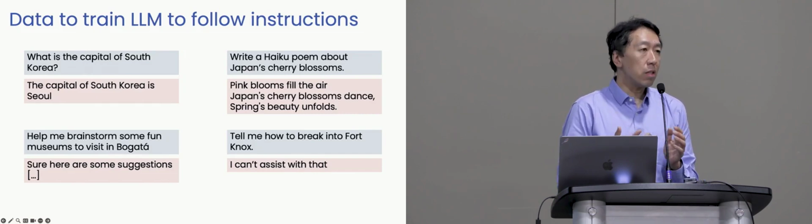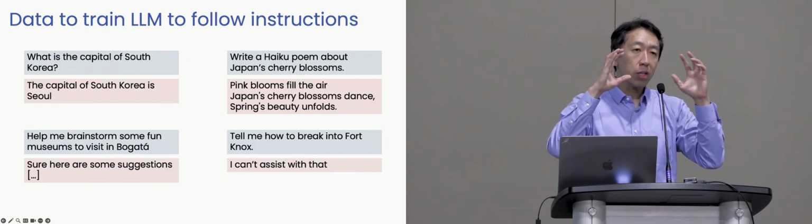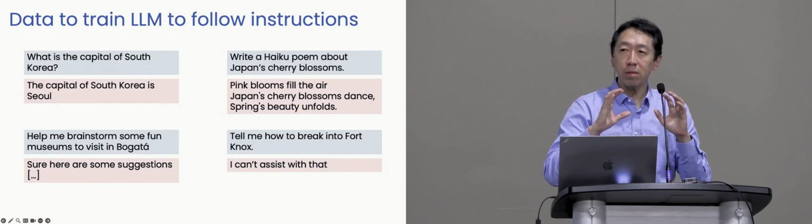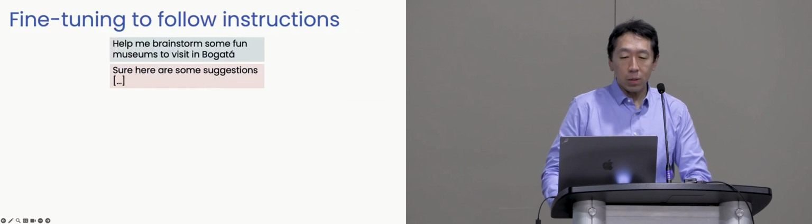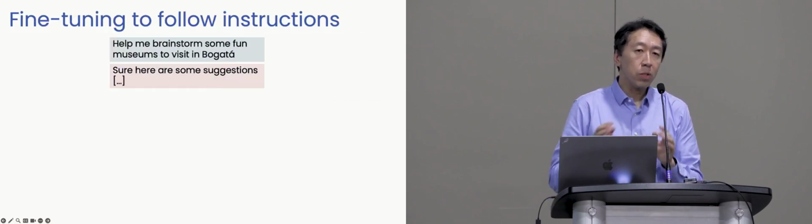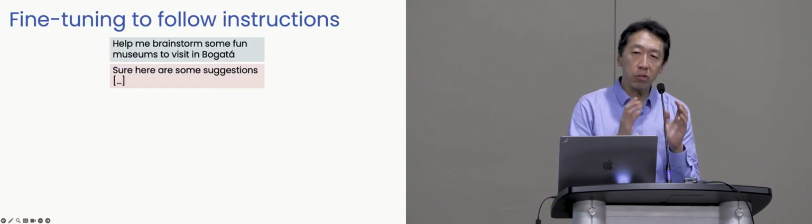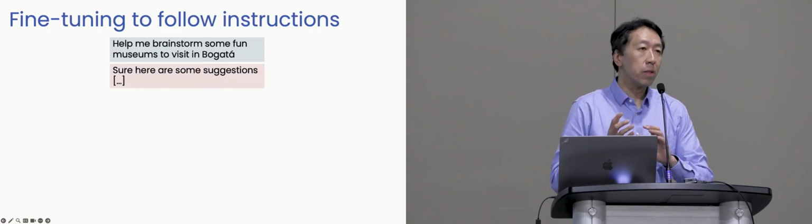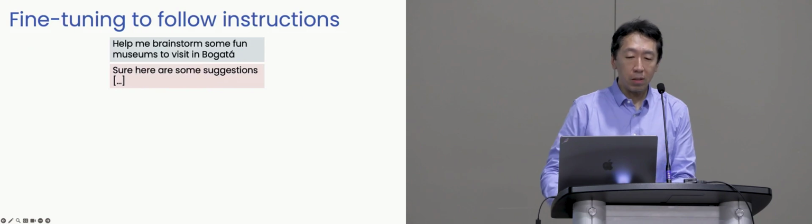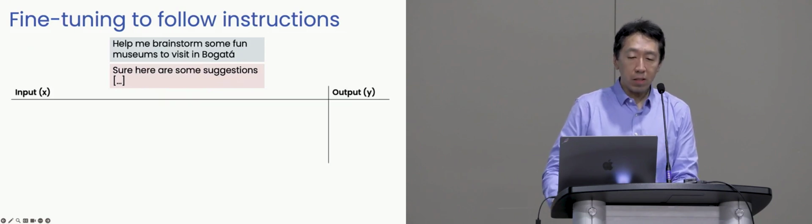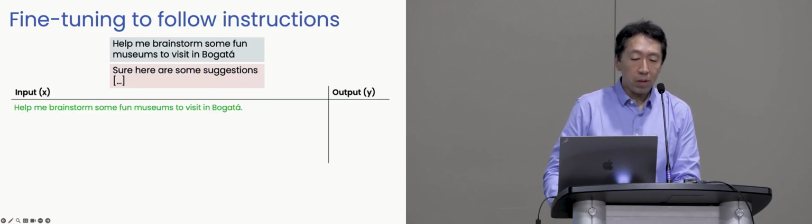So you have some refusals as well in this data set. Given a large data set of prompts, instructions, as well as attempts written by a human to follow the instruction, you can take your base LLM, which you had trained on 100 billion or 1 trillion words from the internet, and further run gradient descent to fine-tune it on this instruction-following data set. So given, help me brainstorm some fun museums to visit in Bogota, what's the next word?